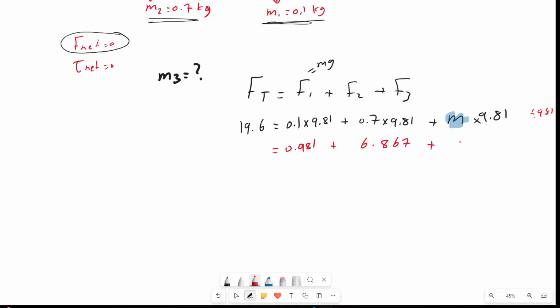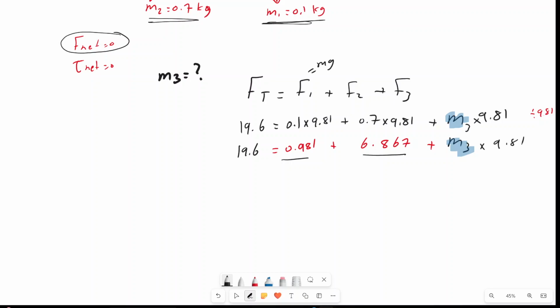And F3, I obviously cannot do the multiplication because M3 is unknown, right? I've got to find this one, and this is multiplied by 9.81. And that is 19.6 on this side. Alright, so I have those two numbers that I can add up.